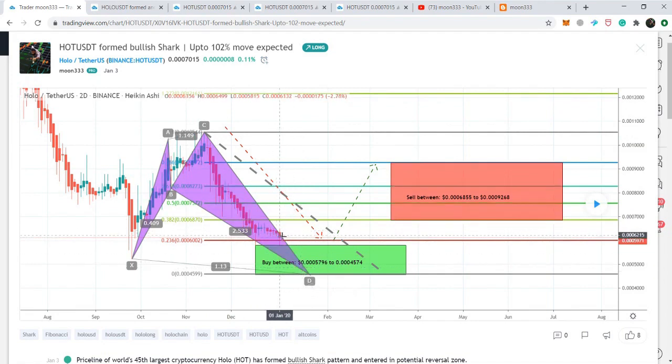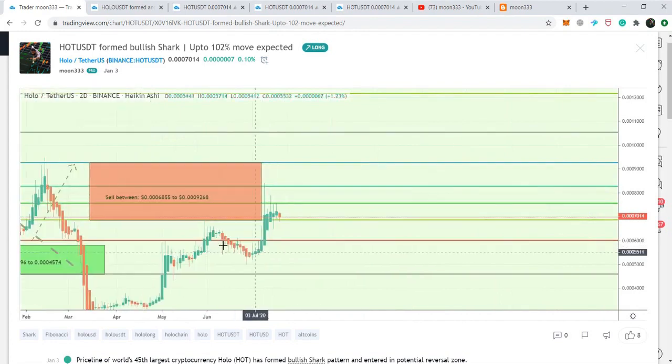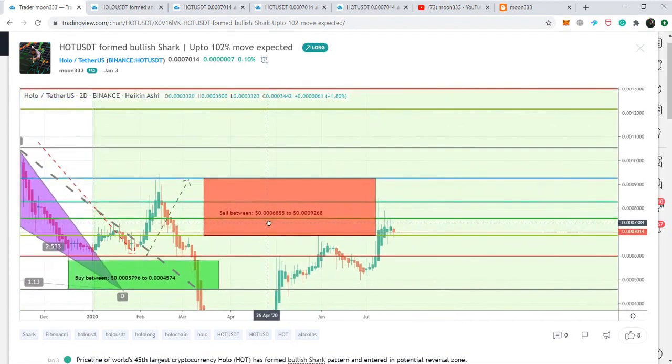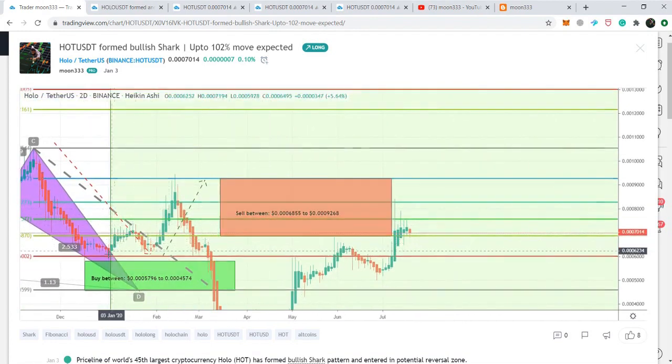And here the price action just spiked in this potential reversal zone, and I predicted that as per Fibonacci sequence, the price action should move up to this area, and the price action took the powerful bullish divergence. I'm just playing this chart, and now it can be easily seen that the price action moved up and produced more than 60% rally and moved down back and broke down this potential reversal zone.